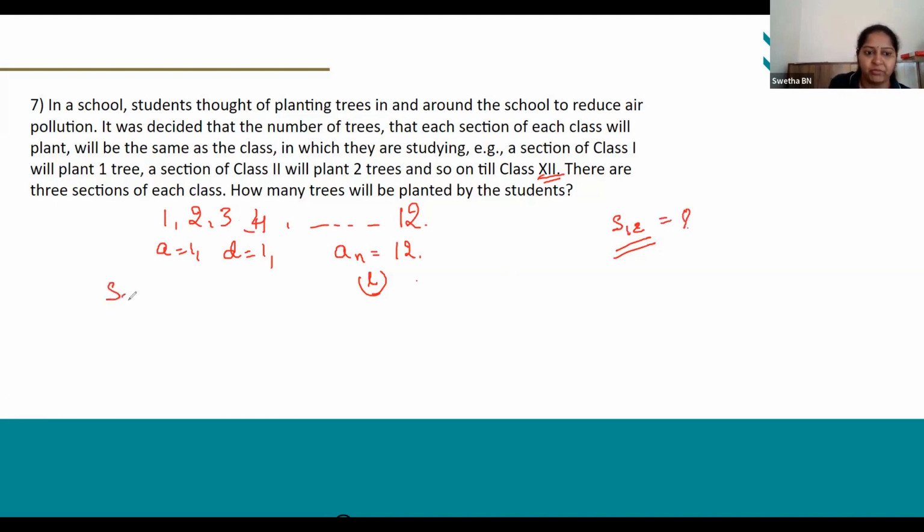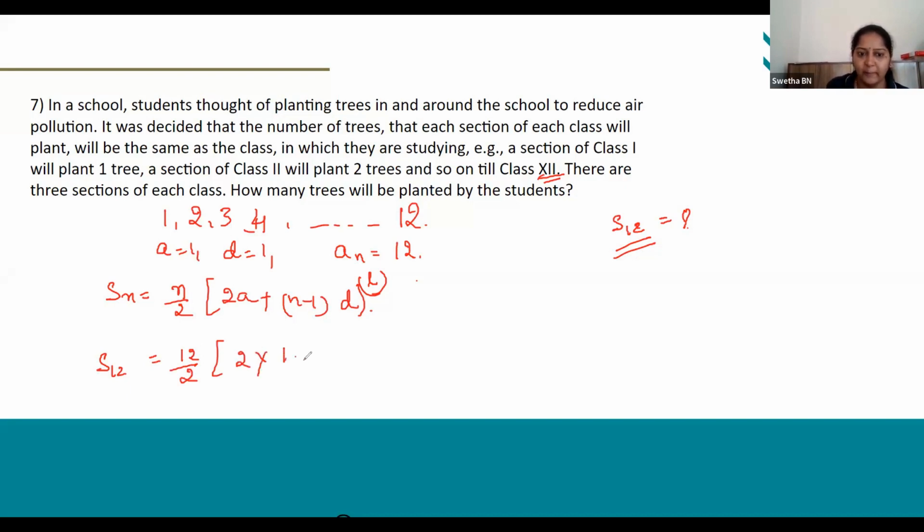Write the formula. Sn is equal to n by 2 into 2a plus n minus 1 into d. So S12 is equal to, what is n here? 12 by 2, into 2 into, what is a?